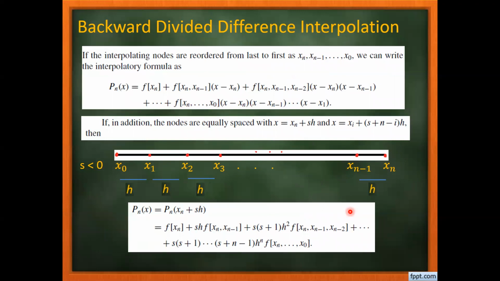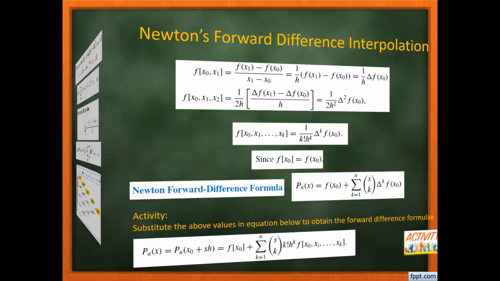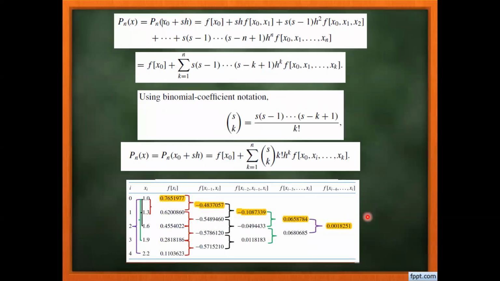Backward divided difference interpolation. Now, if I go to the divided difference table, you can see that the divided differences that we have used to develop the polynomial are basically all of them at the 0th node.